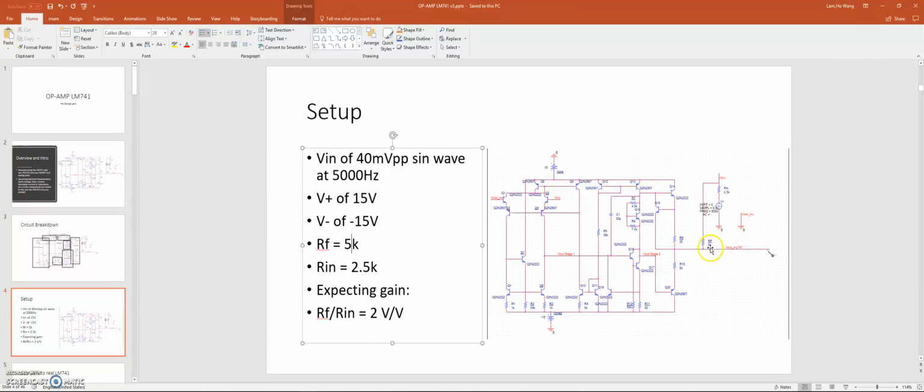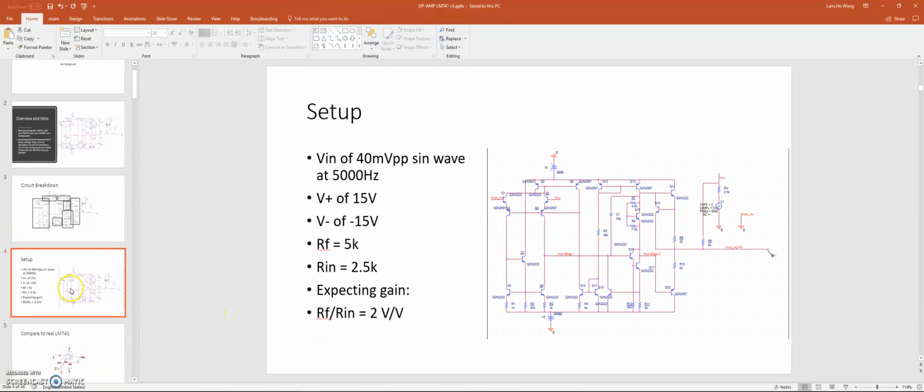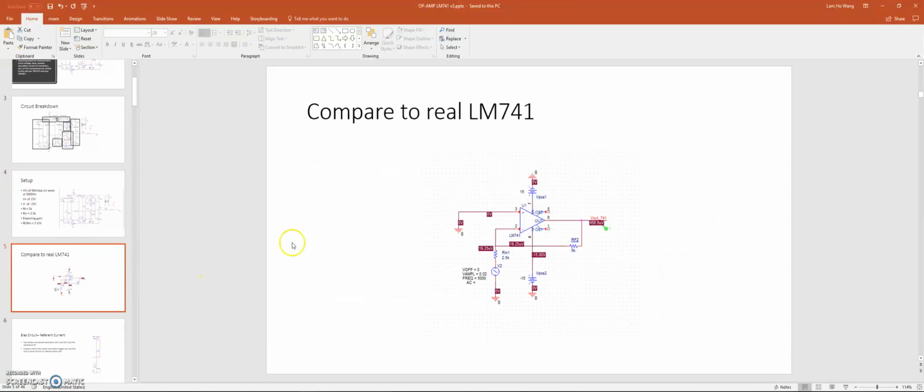Right here we're using a feedback resistor of 5K and an input resistor of 2.5K. We're expecting a gain of 2, since we're feeding the inverting terminal. So the gain should be RF over RN, which is 2 V over V.